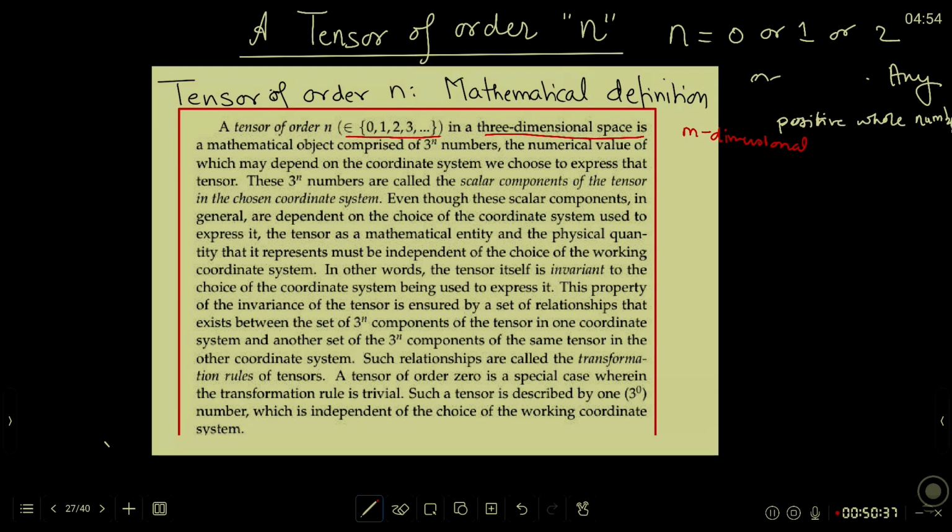3 raised to the power n numbers, the numerical value of which may depend on the coordinate system we choose to express that tensor. The numerical value of these 3 raised to the power n numbers will depend on which coordinate system you use. These 3 raised to the power n numbers are called the scalar components of that tensor in the chosen coordinate system.